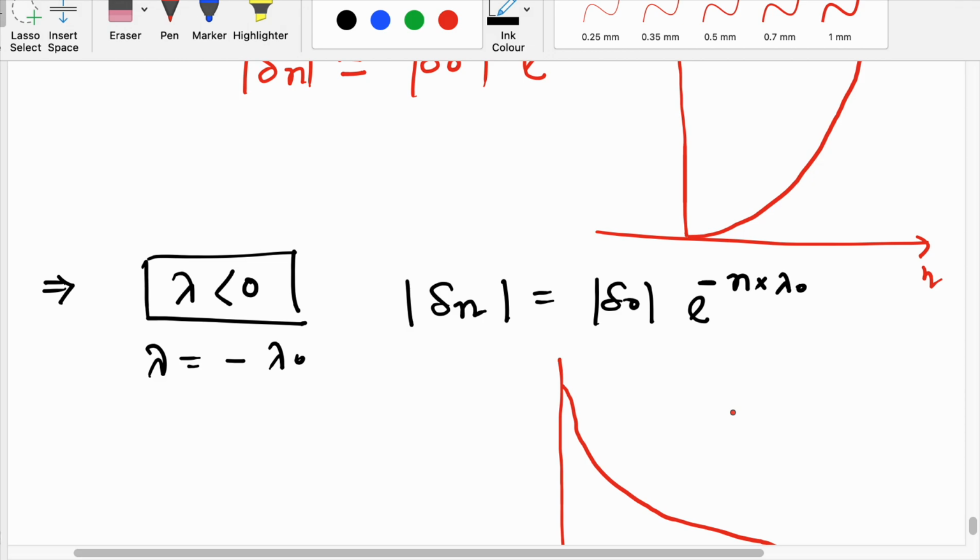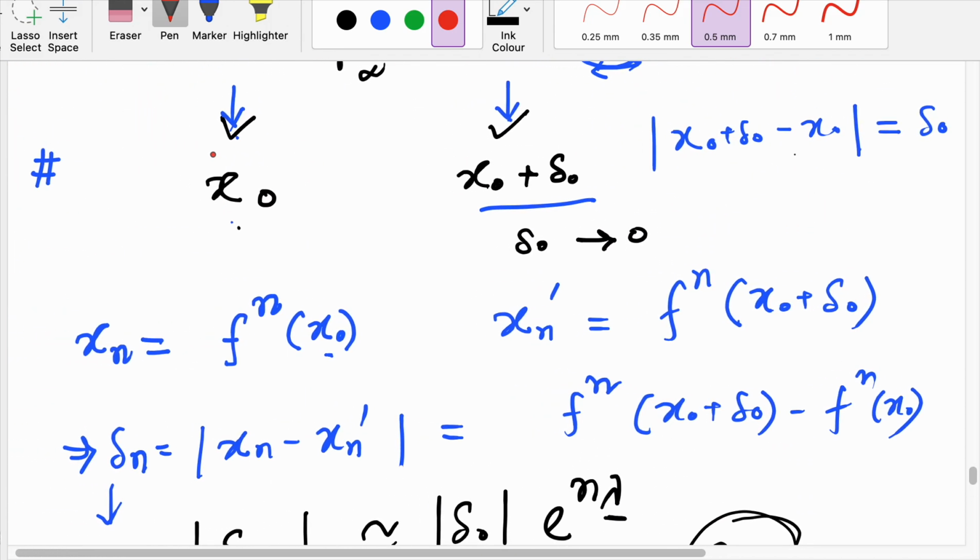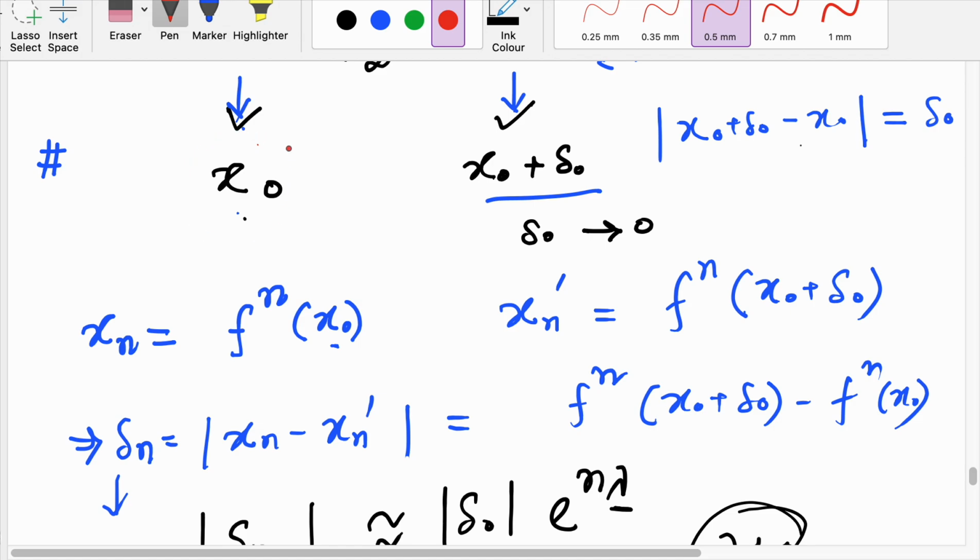The real numbers contain an infinite set of irrational numbers, and since an irrational number cannot be written precisely, we cannot precisely give any initial condition. Suppose the cell density of the cancer cells at this point is x0, but its actual value remains very close to x0. Its real value may be x0 plus delta 0.